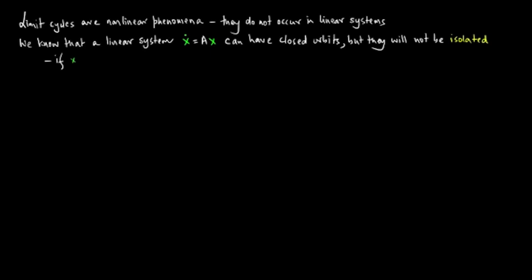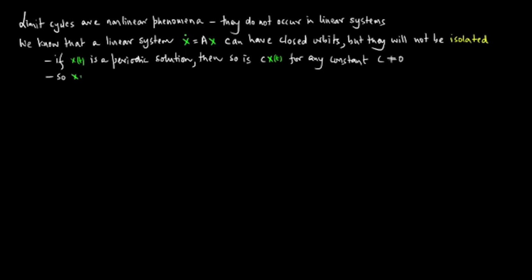So basically, if x of t is a periodic solution, then so is c times x of t for any constant c not equal to 0. So x of t is surrounded by a one parameter family of closed orbits.